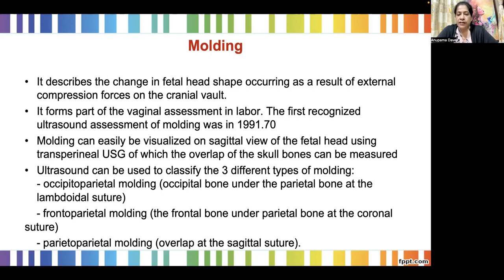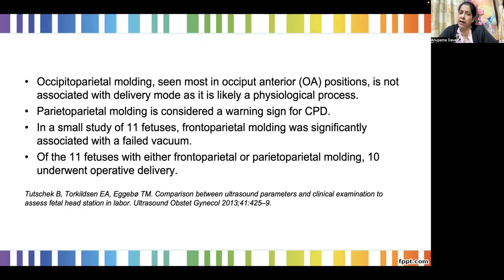Ultrasound can be used to classify the three different types of molding: occipitoparietal molding, frontoparietal, and parietoparietal molding. Occipitoparietal molding is seen most in occipito-anterior positions and is not associated with delivery mode, as it is likely a physiological process.